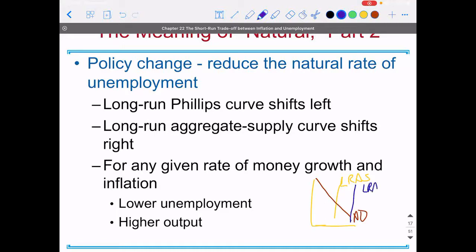By shifting the long run aggregate supply curve to the right, you then therefore lower the unemployment rate by increasing the real GDP.